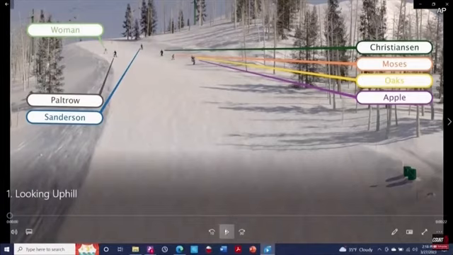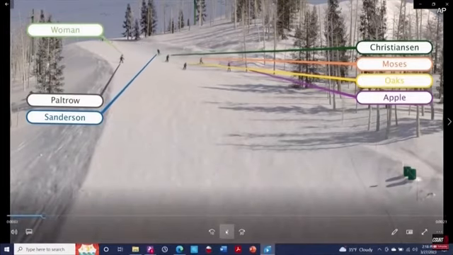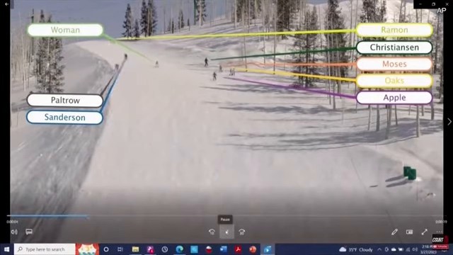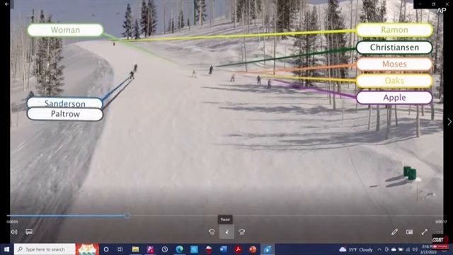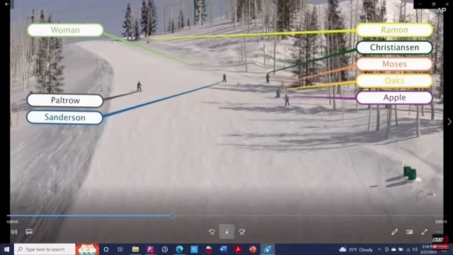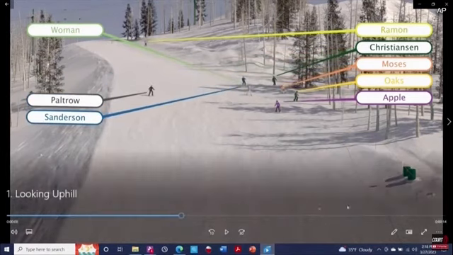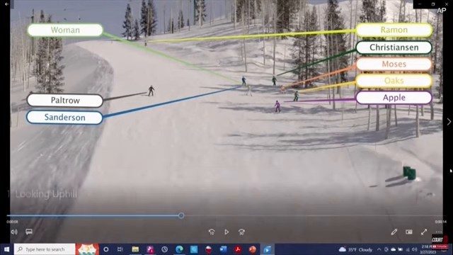All right, let's run through this from start till the crash. So we're going to stop right before the crash. Okay.